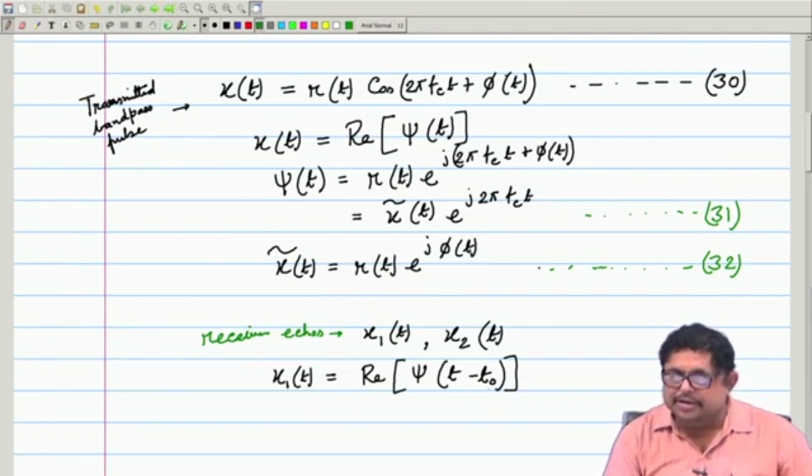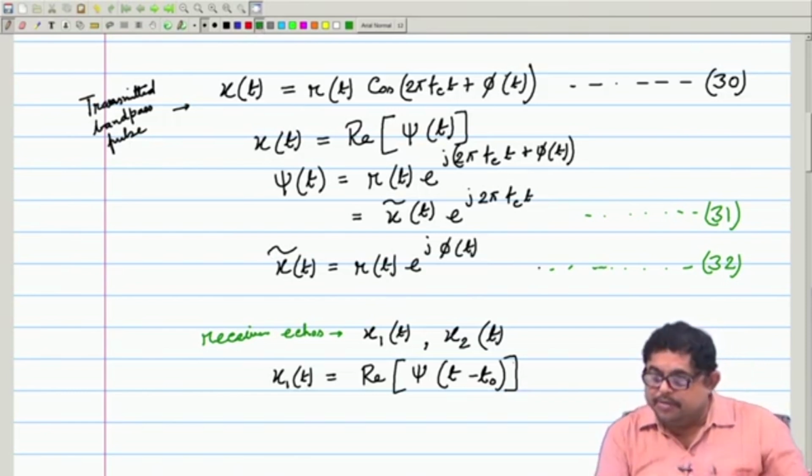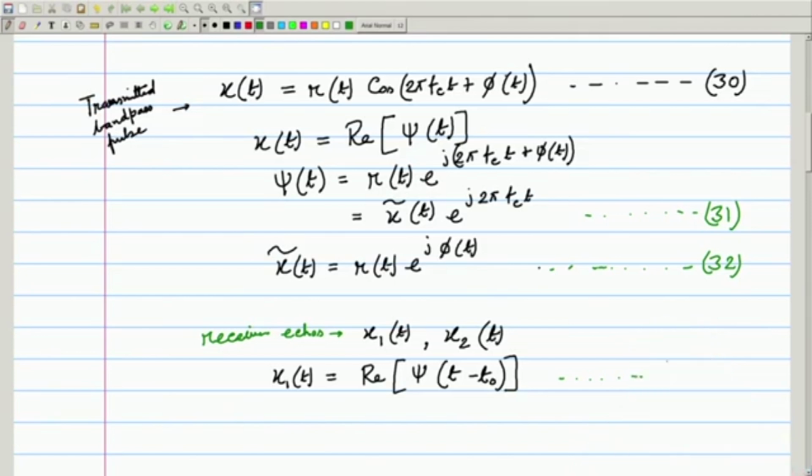That means it is delayed by a round trip delay t_0. Previously, we were calling it x_i(t), now I am calling it x_1(t), that is the only difference. And I can write x_2(t) as psi(t minus t_0 minus tau).